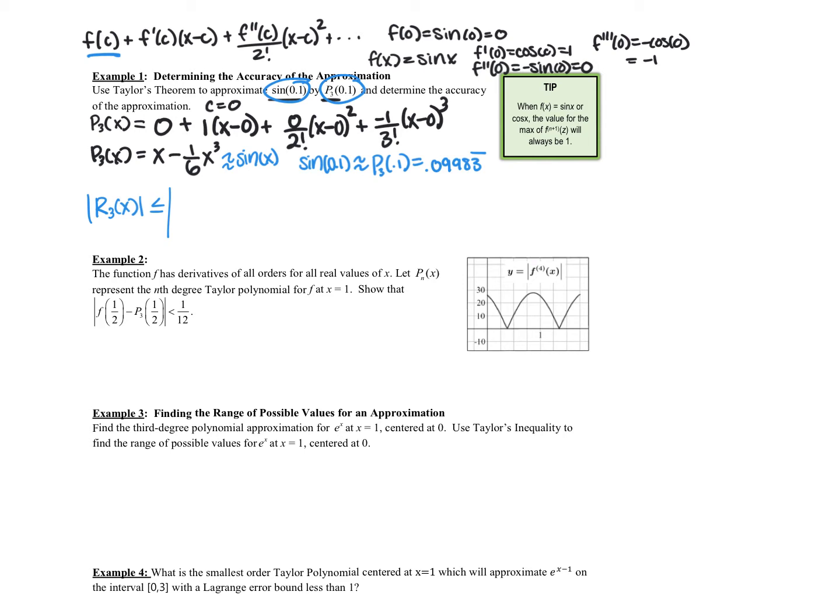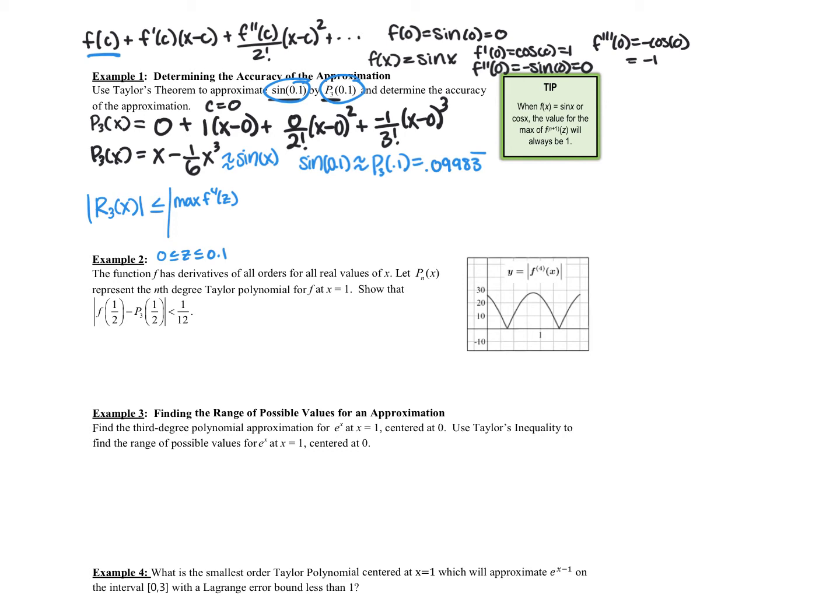But we don't know what the exact derivative is at the fourth, so we're going to find the maximum of the fourth derivative at this random value z. And this z value is somewhere in a range. For this problem, z is going to be between 0.1 and 0, because our center is at 0 and we're approximating at 0.1.